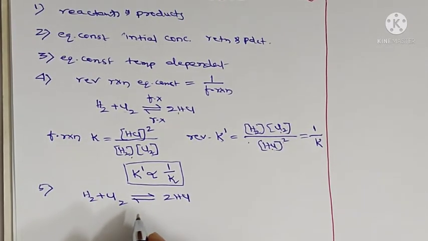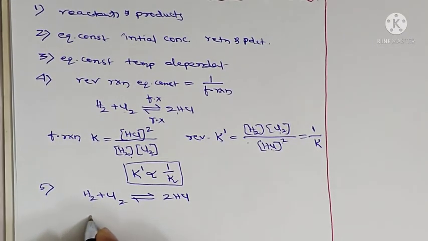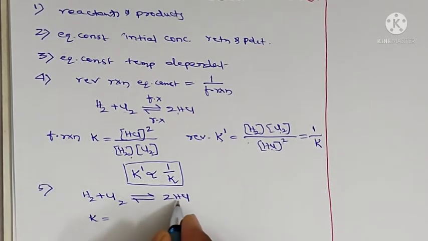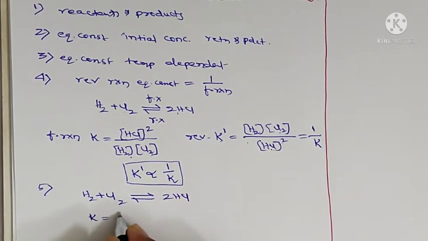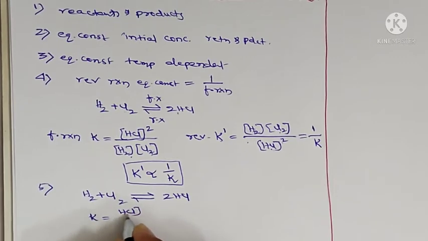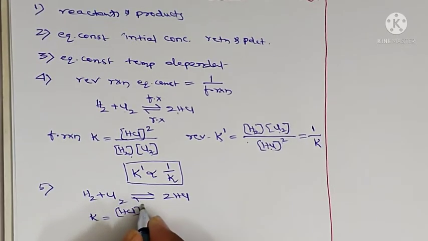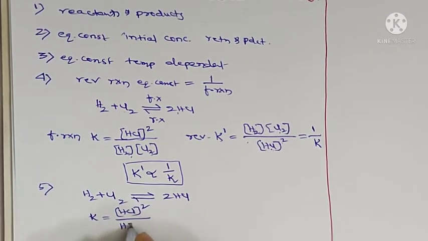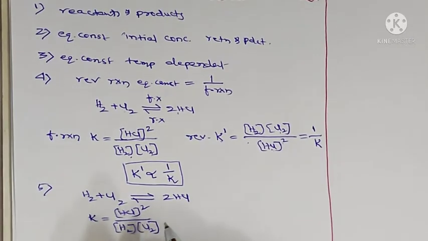It is the original equation. For this original equation, the equilibrium constant K is equal to the products' concentration, HCl concentration with coefficient 2 power 2, divided by the reactants' concentrations, H2 concentration and Cl2 concentration.